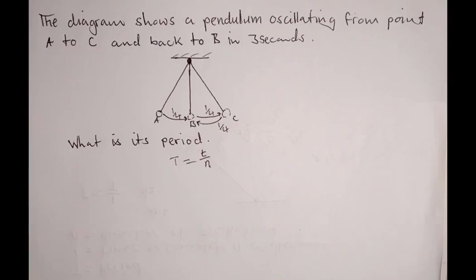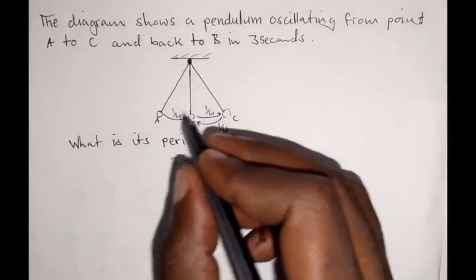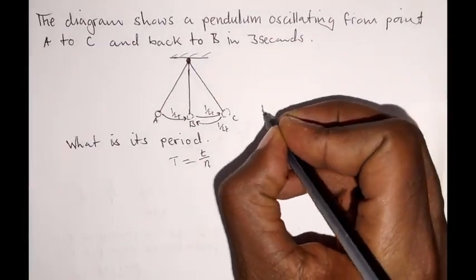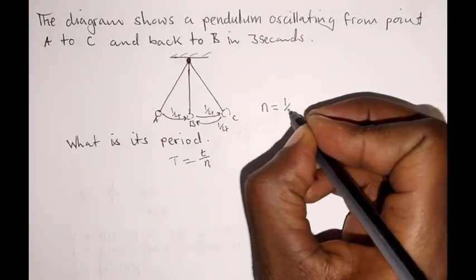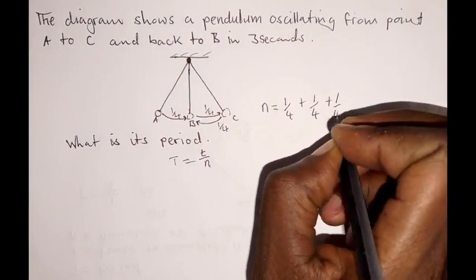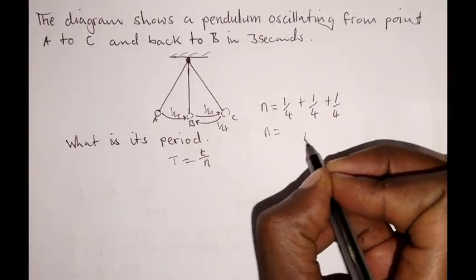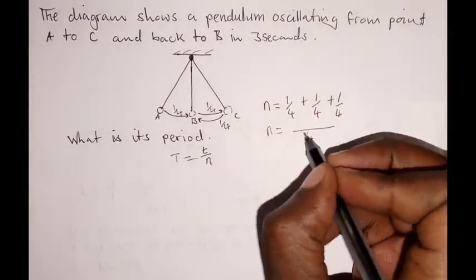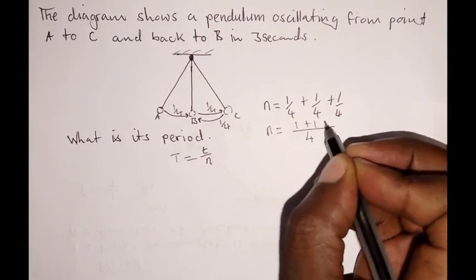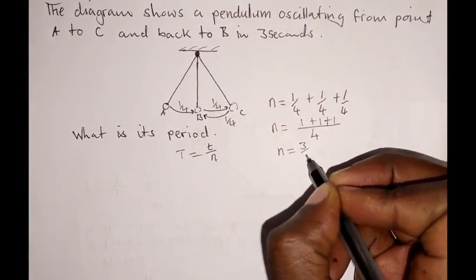So n is equal to 1 over 4 plus 1 over 4 plus 1 over 4. All these have the same denominator, which is 4, so 1 plus 1 plus 1. In simple terms, n is equal to 3 over 4.